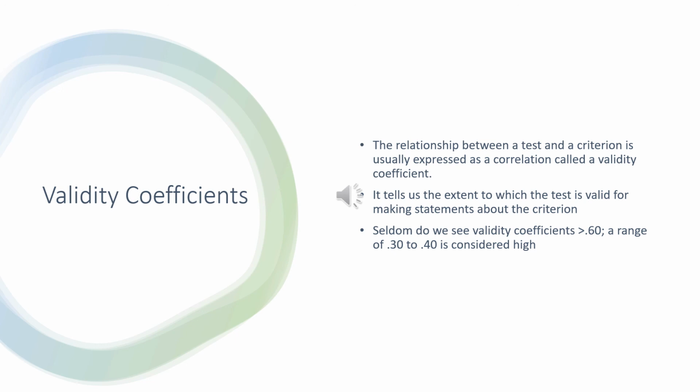Seldom do we see validity coefficients greater than 0.6. The range we usually see in good testing in test manuals falls between 0.3 to 0.4. That's considered high.